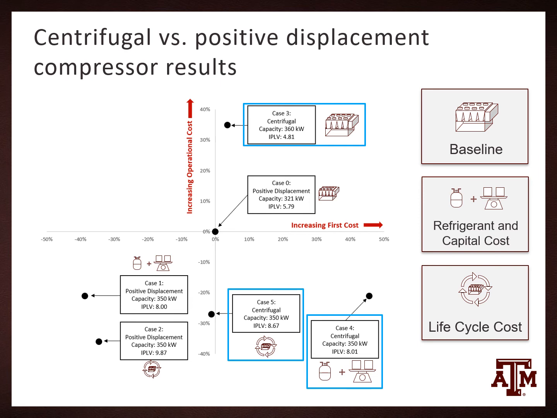Shown on the bottom right corner, case 4 increased in first cost, while the operational cost decreased from meeting the IPLV efficiency requirement. Finally, the lifecycle cost of the chiller with centrifugal compressor was optimized using the heat exchanger geometry variables. The first cost decreased slightly, and the operational cost decreased significantly from the baseline.